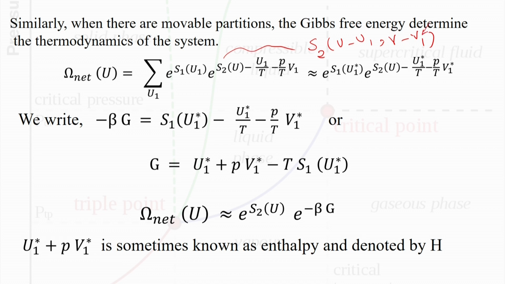Now as it was in the earlier case, we may Taylor expand in powers of U1 and V1, and we end up with this expression, because now the coefficients are nothing but the slopes of the entropy versus energy, which is reciprocal temperature, and the slope of the entropy versus volume, which is pressure by temperature.